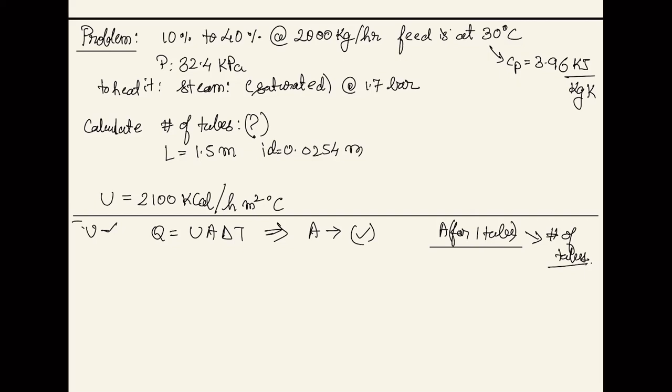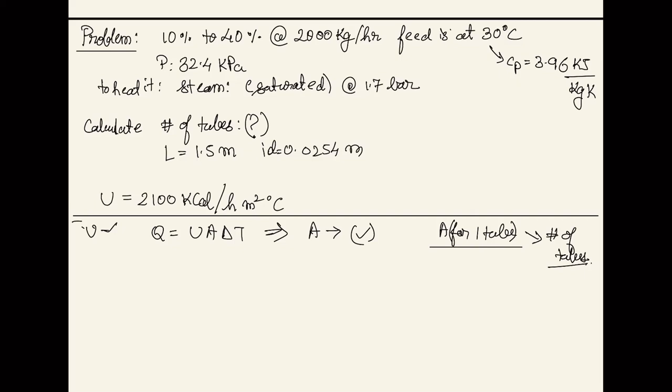What is the pressure of atmosphere? Atmospheric pressure, how much is it? In kilopascals, tell me. 101.3, 101.325. Yes, sir. And we are now putting it at a vacuum, a pressure less than that.